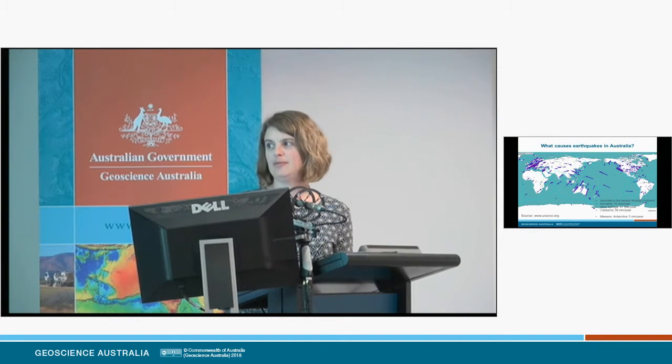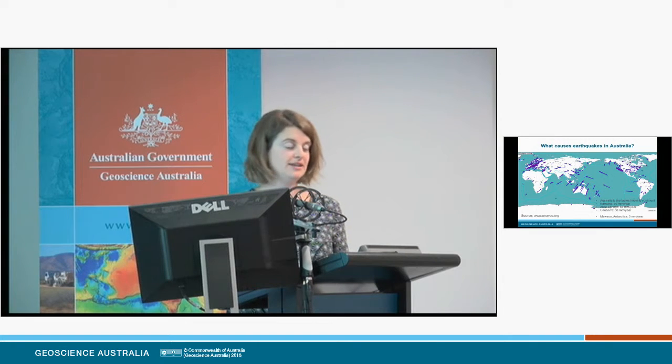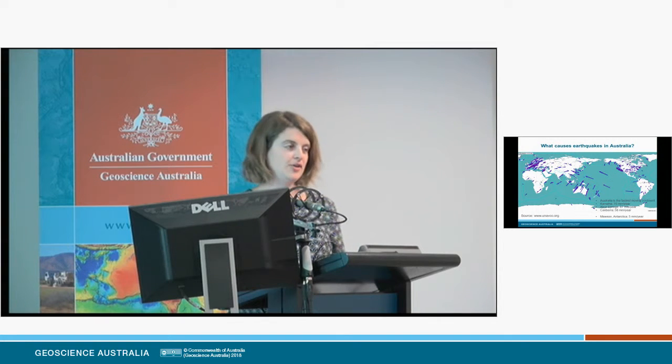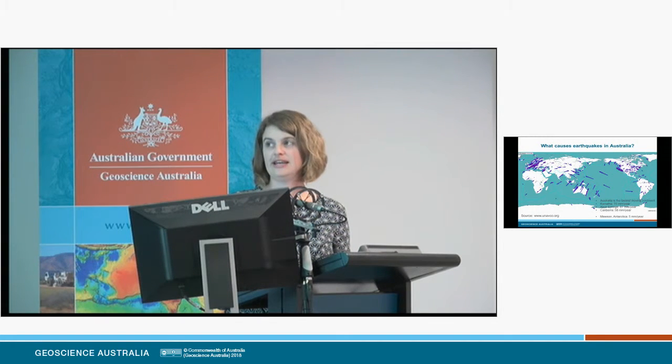So in Canberra we're moving at about 58 millimetres a year, and in Karratha we're moving about 70 millimetres a year. So we're moving in a northeasterly direction towards PNG, and we're situated on the Australian plate, which I'm outlining here. And so all the earthquakes that occur in Australia are occurring in an intraplate area, so away from the tectonic plate boundaries.